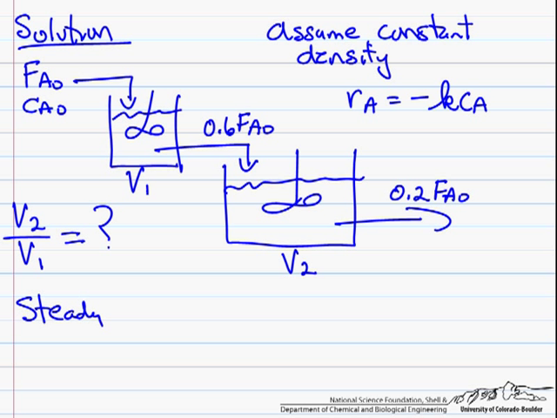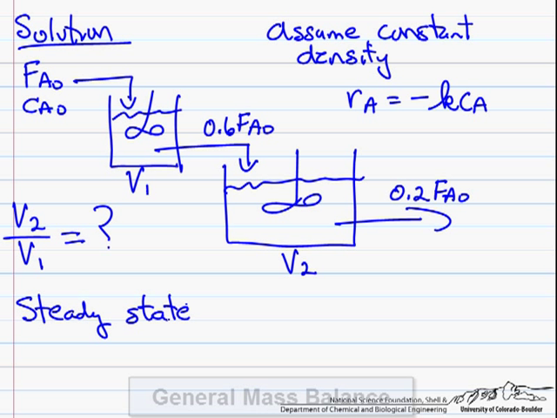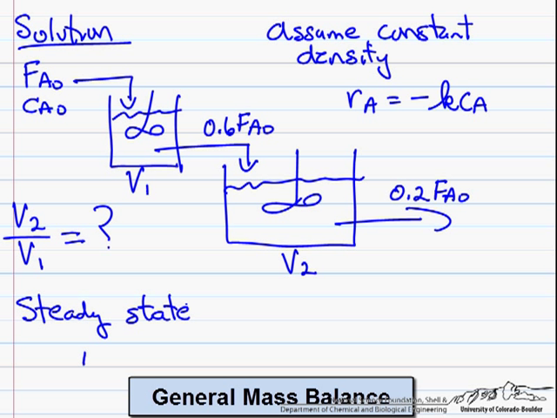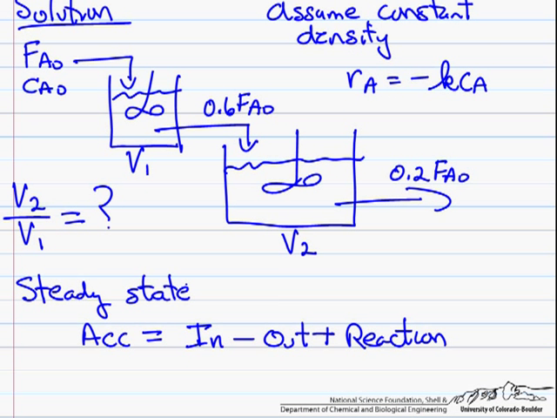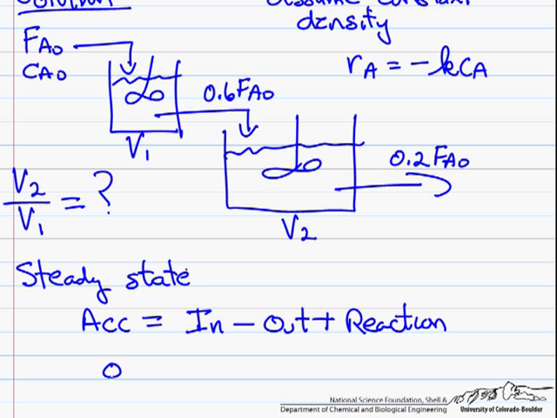Of course, what we need to write down is a mass balance for the system, a steady state reactor system. So there's no accumulation in the reactor. If we look at the CSTR mass balance, accumulation for each component is how much is flowing in, how much is flowing out, and then the other change that results in accumulation is due to the reaction. Steady state means this is 0.